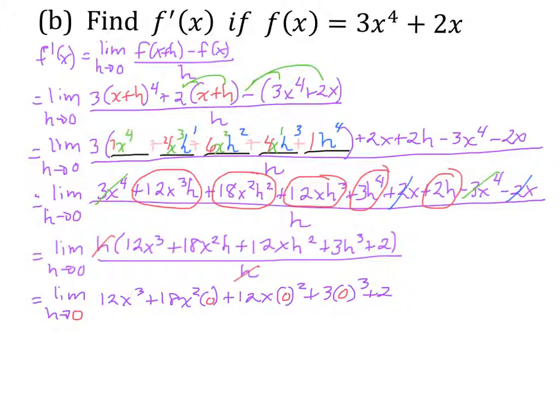So that leaves us with f prime of x is equal to 12x cubed plus 2.